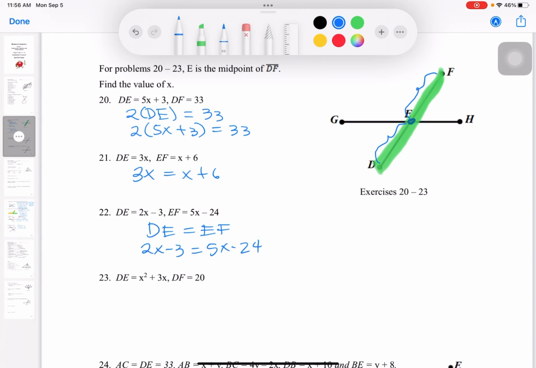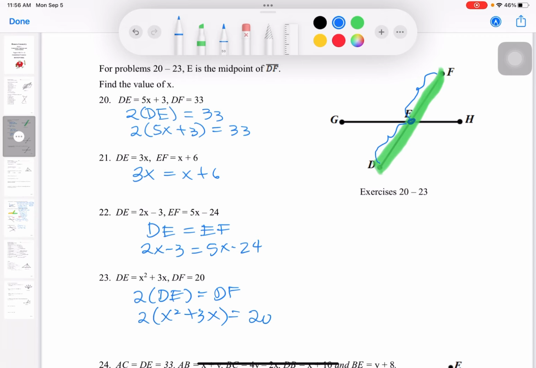And finally, 23, DE is x squared plus 3x and DF is 20. Now, just like number 20, twice DE is equal to DF. Plugging in the expression for DE, we have twice of x squared plus 3x is equal to 20.